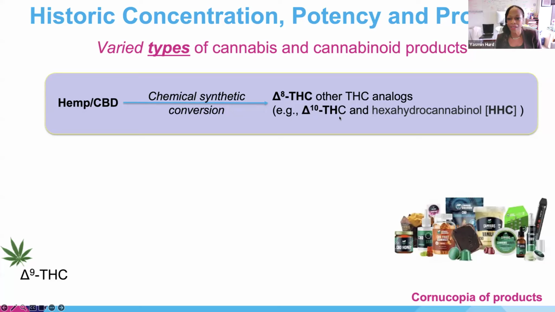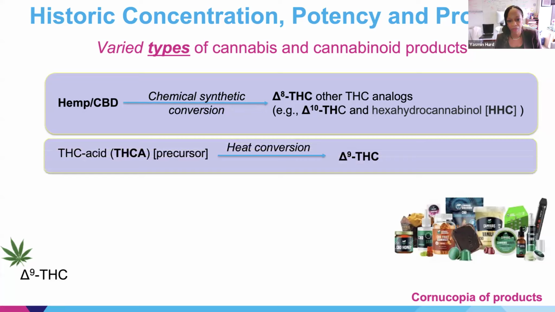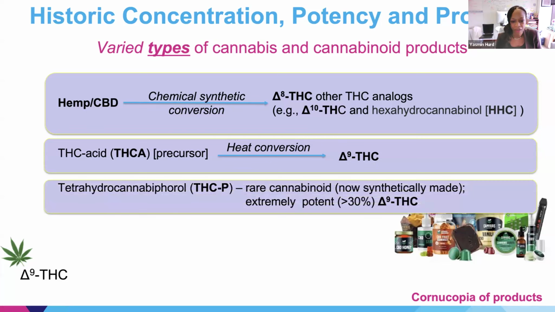And these Delta 9, Delta 10 THC products are themselves intoxicating. And the chemicals that they use to convert them also have health impacts. You also have conversion of the precursor to Delta 9 THC through heat that's being sold, these Delta 9 products, because they're like, it doesn't come from the cannabis plant. It's synthetically derived.